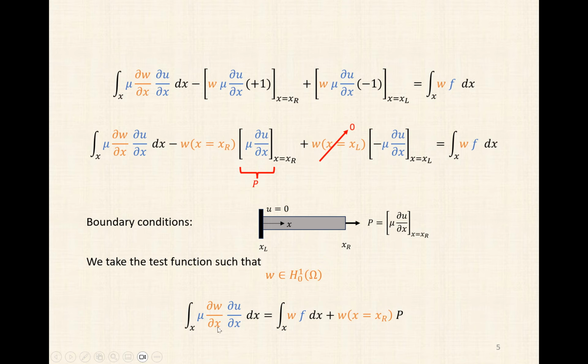Now if you notice here, as I said, we transferred one derivative from the PDE. Instead of dou square u by dou x square, now we have only dou u by dou x, and that derivative we have transferred to w. Now instead of w we have dou w by dou x. In this way we are weakening the requirements on the basis functions that we need to approximate the solution field u.